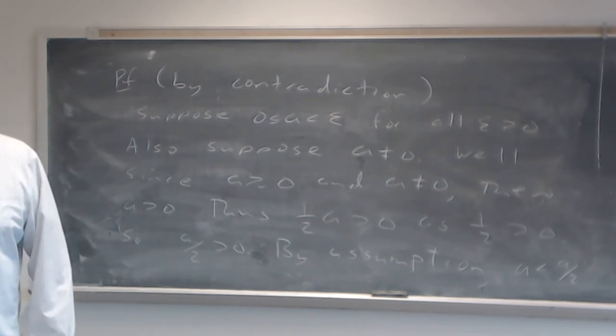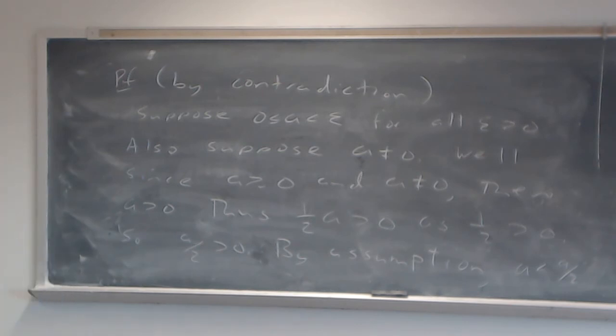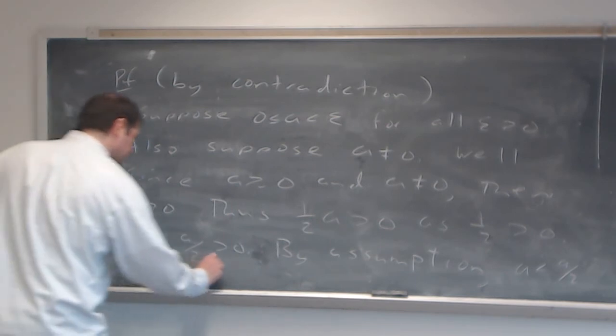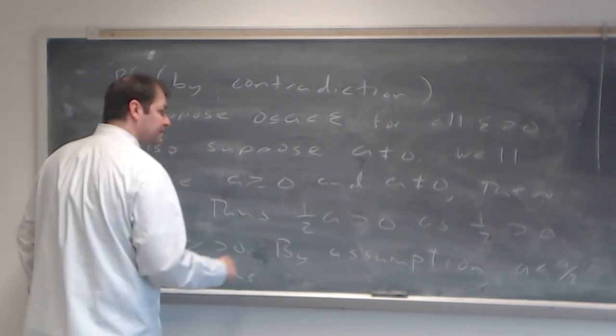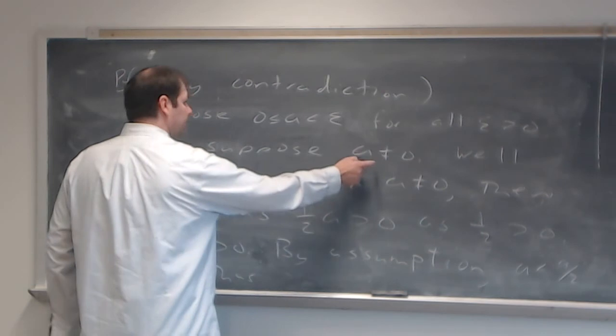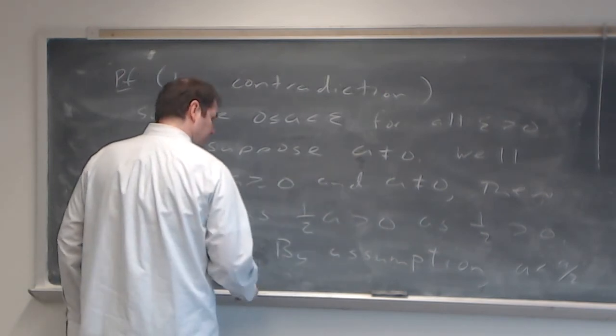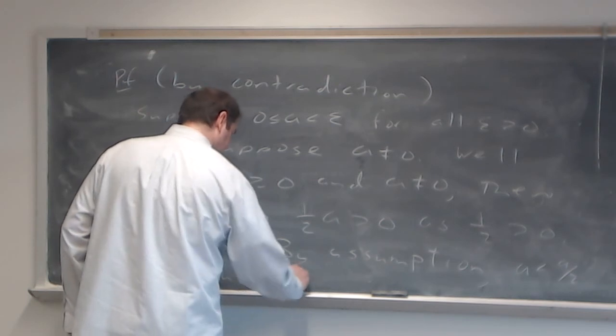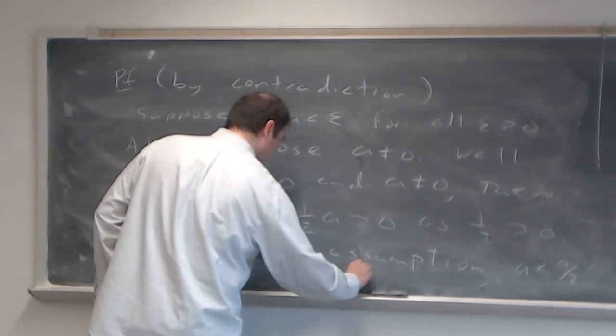If you give me a positive number, it's not less than its half. Is that okay? That's a contradiction. Thus, we must have assumed something wrong, and what we supposed that we had control over was that A was not equal to 0, so that means A must be equal to 0.